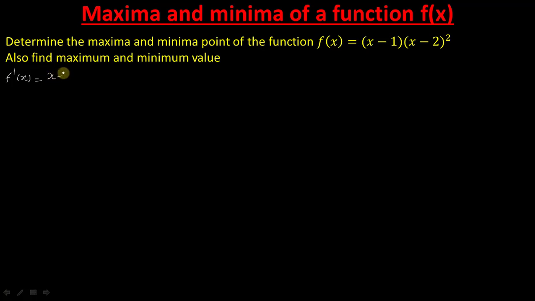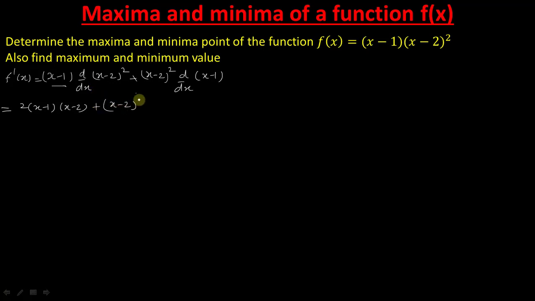So (x minus 1) as it is, dy by dx of (x minus 2) square, plus (x minus 2) square as it is, dy by dx of (x minus 1). So f dash x is equal to, this 2 will come ahead, 2 (x minus 1)(x minus 2). (x minus 1) as it is, the derivative of (x minus 2) square is 2(x minus 2), so 2 comes ahead, plus (x minus 2) square.